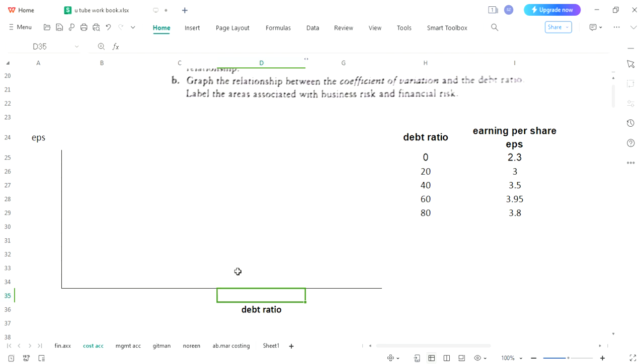Now 0 would be put over here, and at this stage you put your inputs: first 0, then 20, 40, 60 and 80. In this way the relationship has been created on one side, where the ratio has been mentioned.